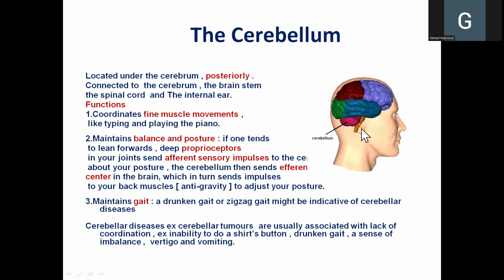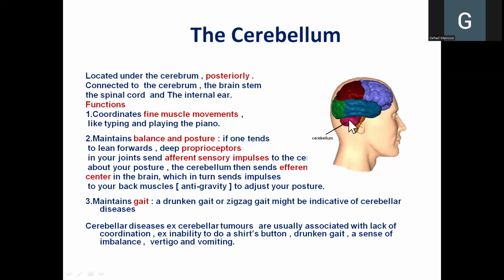These hair cells will be stimulated, and as you know, any sensory receptor will convert any type of energy into electric energy. The movement of the liquid inside the semicircular canal, what is this? This is kinetic or mechanical energy, and it will be converted into electric energy transmitted via the auditory nerve, of course the vestibular division of the 8th cranial nerve, to the cerebellum.